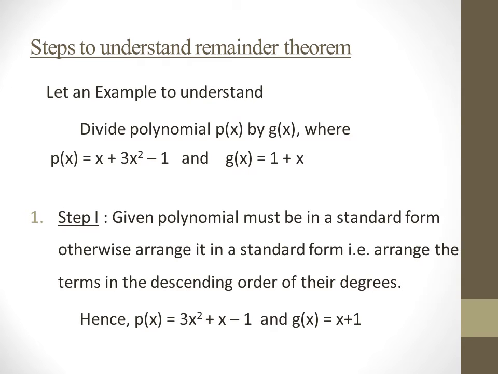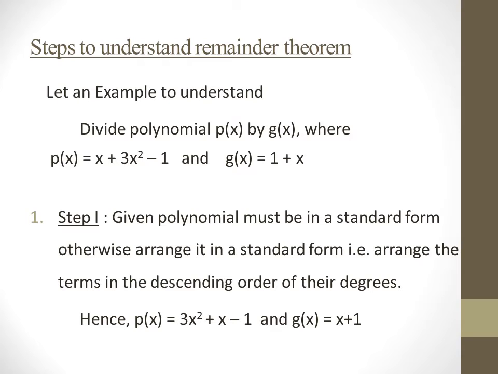The very first step is, whatever polynomials are given, here two polynomials are given, one is p of x and one is g of x. P of x is to be divided by g of x. So I will say p of x is a dividend polynomial, whereas g of x is a divisor polynomial. So these two polynomials are there with us.